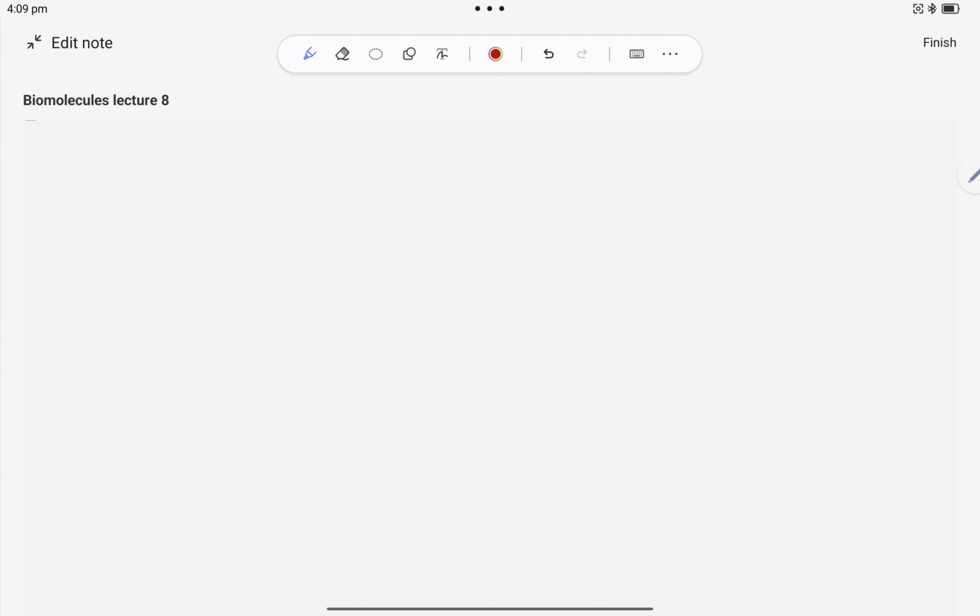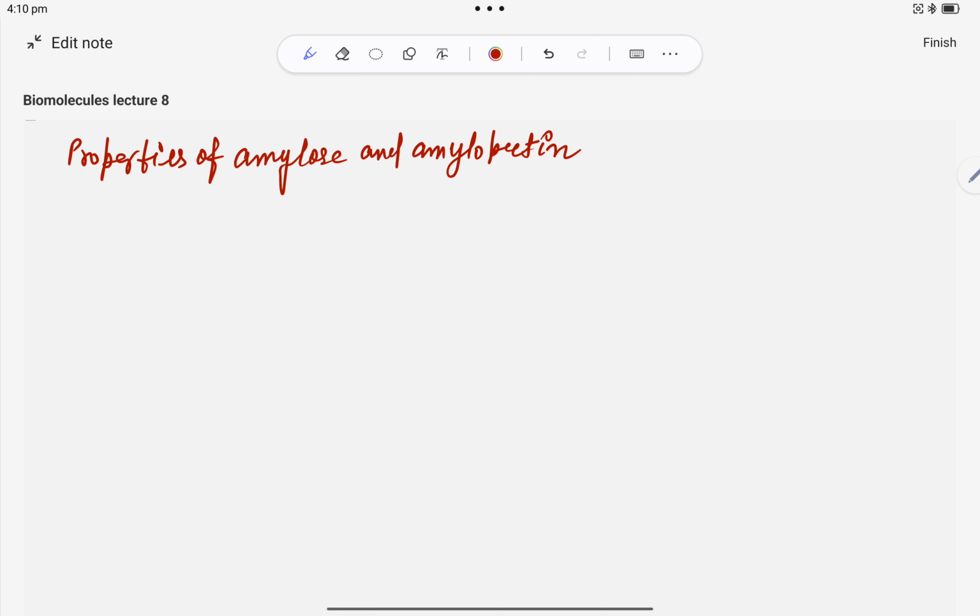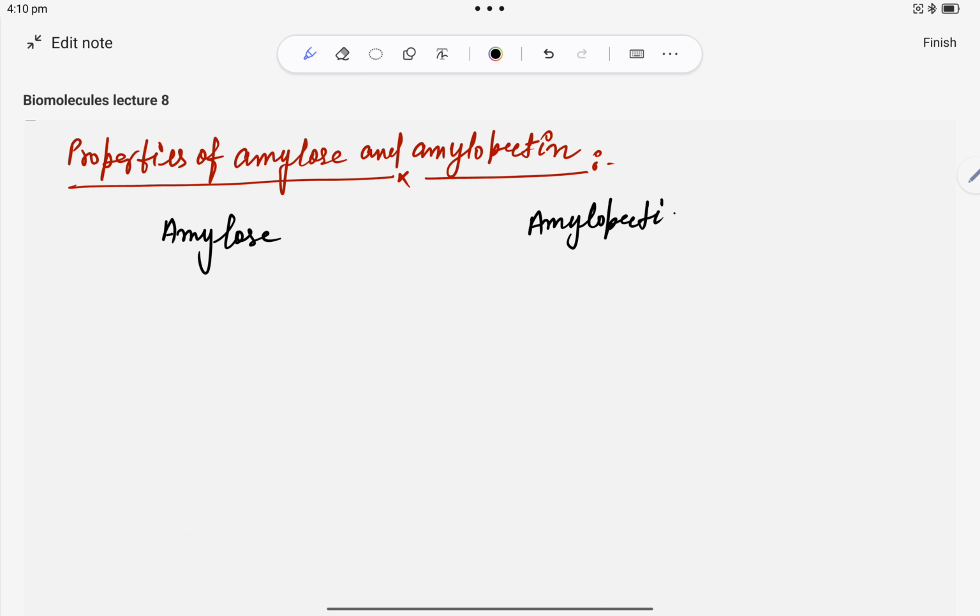See, properties of amylose and amylopectin. Okay, focus on it. At the same time, it is easy also. So we are going to discuss amylose and amylopectin.